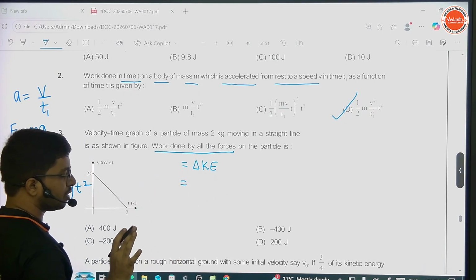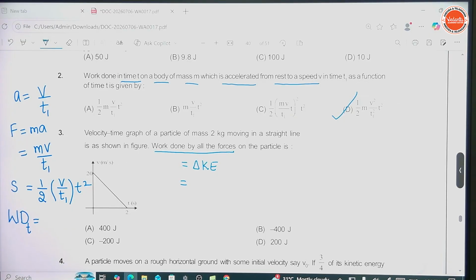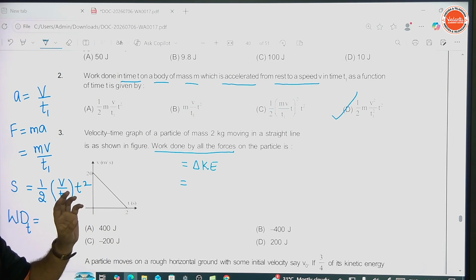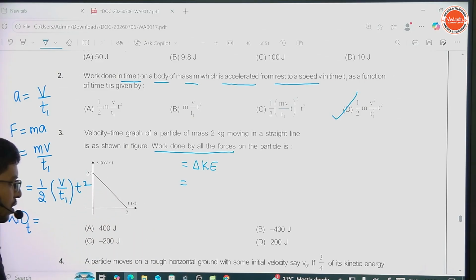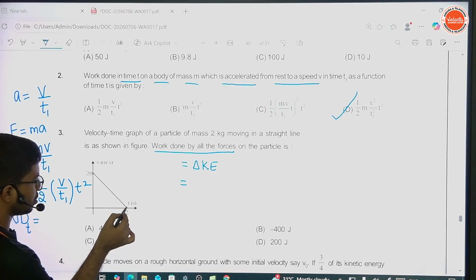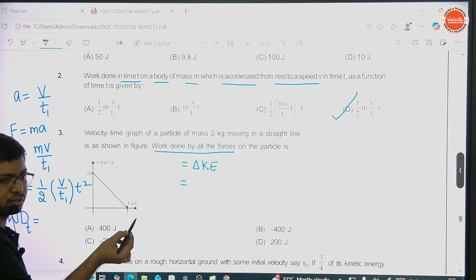And whenever change in a particular quantity is asked, you must follow the sign convention that it is always final minus initial, not initial minus final. Clear? So final value minus the initial value, right?